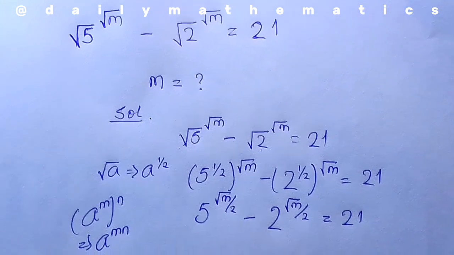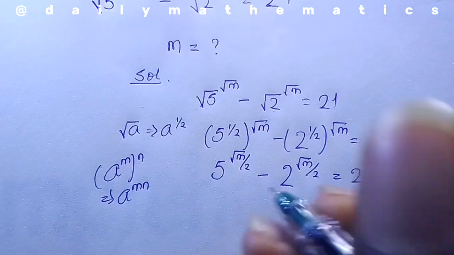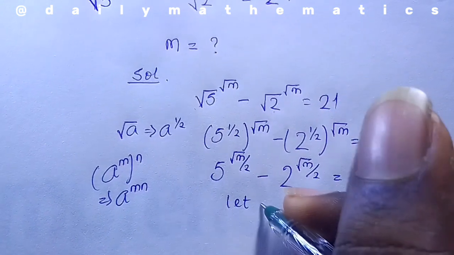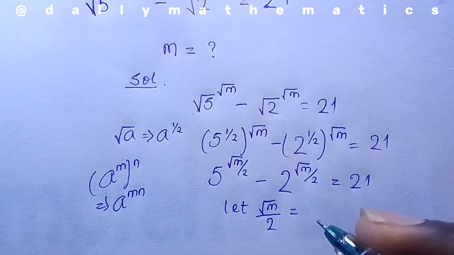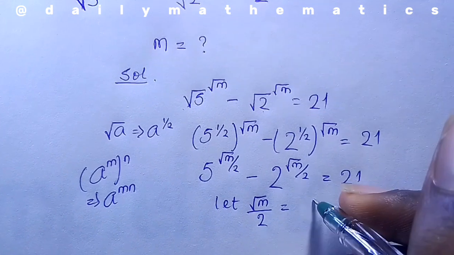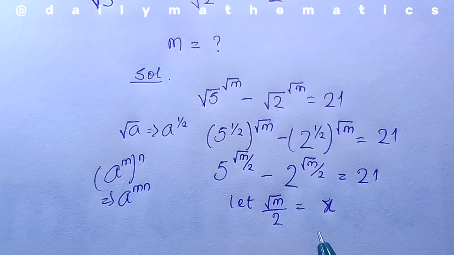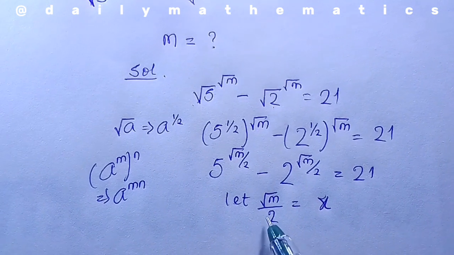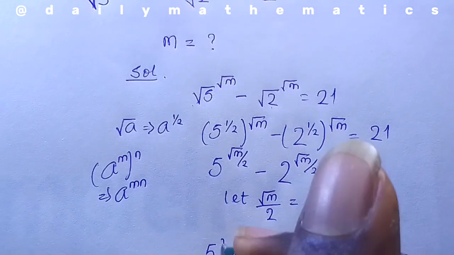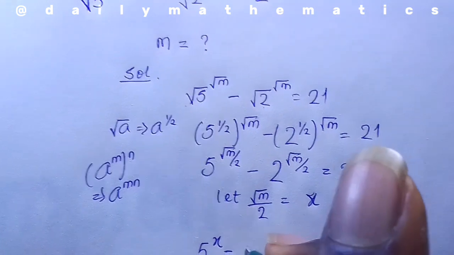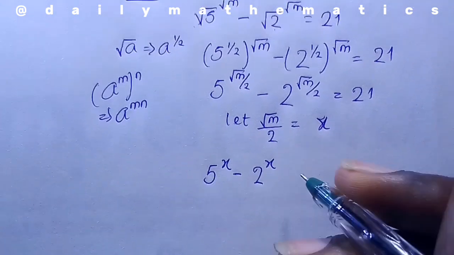From here, let root m over 2 be any letter of your choice. I'm going to use x. Let root m over 2 give us x. So I will now substitute: we have 5 raised to the power of x minus 2 raised to the power of x, because root m over 2 is x, equals 21.